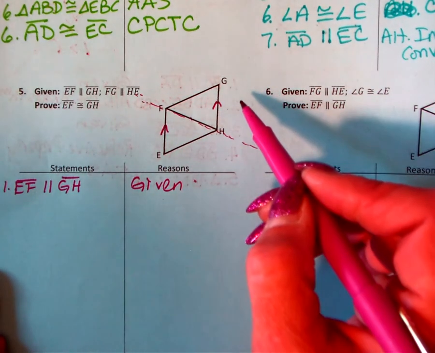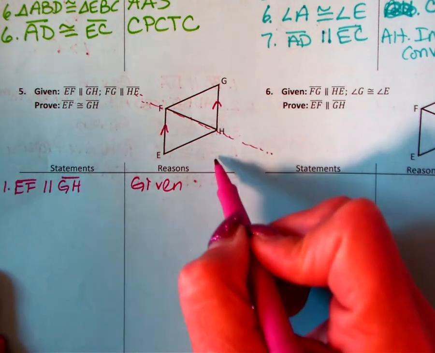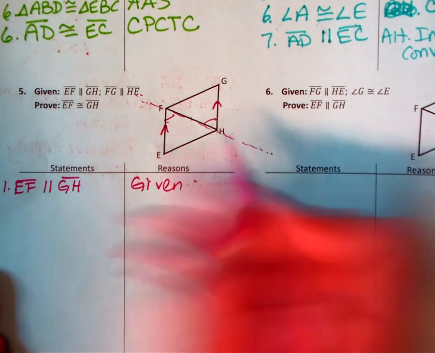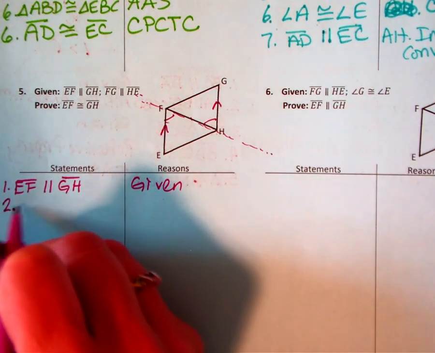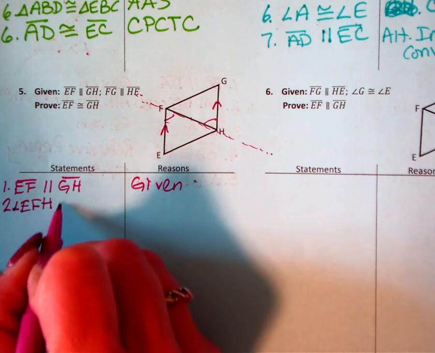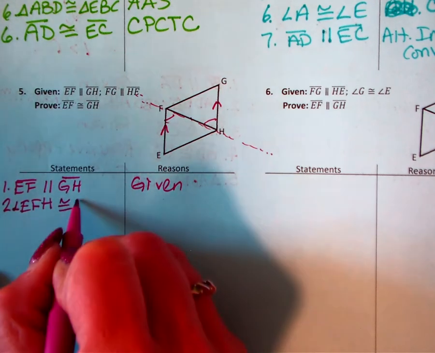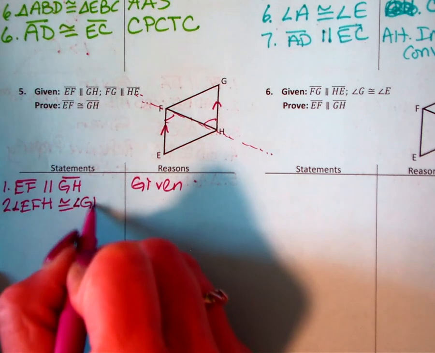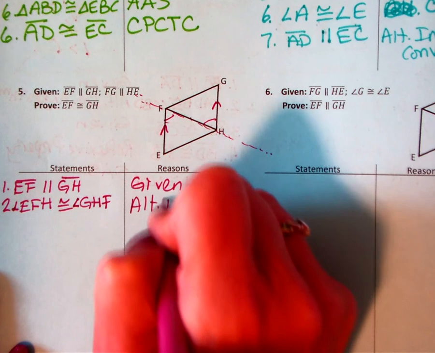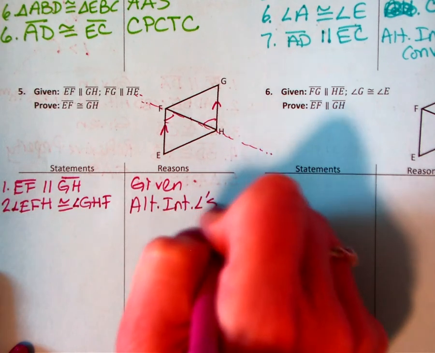That would be like saying EFH and GHF are alternate interior angles. Angle EFH is congruent to angle GHF, alternate interior angles theorem.